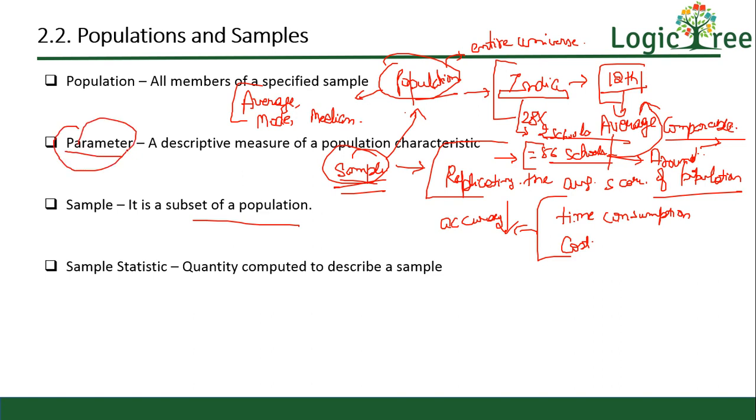While on the other hand, when I will be dealing with the characteristics of the sample, then it is known as sample statistic. Guys, this topic is not important from the testability perspective, but you should be aware of these concepts. So that is important from concept perspective only.